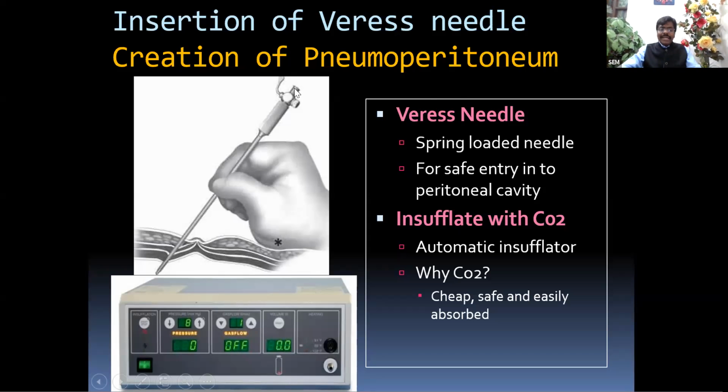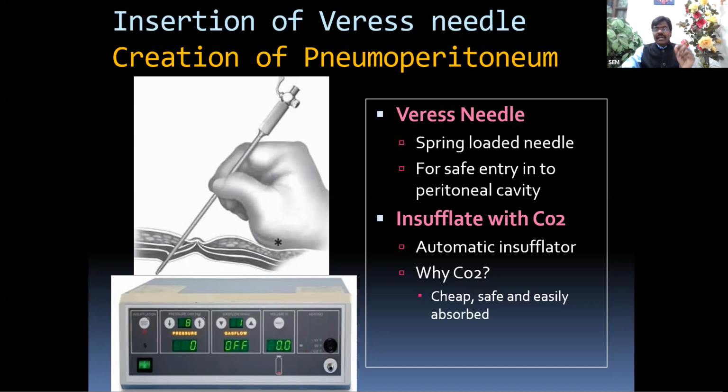And what you do, you attach carbon dioxide, and with a pressure transducer like the automatic insufflator, you put carbon dioxide inside. Why don't you put oxygen, if you ask me? Because carbon dioxide is cheap, safe, easily absorbed in the peritoneal cavity and easily expelled from your lung, unlike oxygen. Oxygen, in addition, is explosive, because inside the abdomen we are going to use energy sources like diathermy.